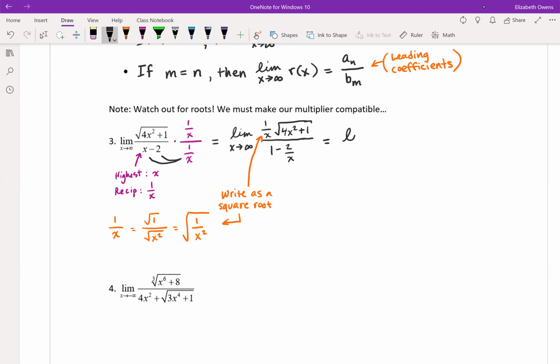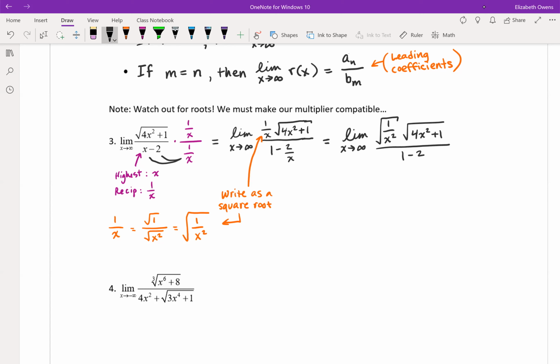Let's do it. Keep writing limit. We haven't put any numbers in yet. So square root of 1 over x squared. That's our new way of writing that. We're making a compatible multiplier there. Still got our square root of 4x squared plus 1.